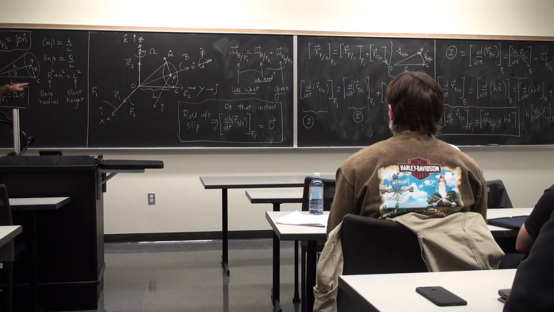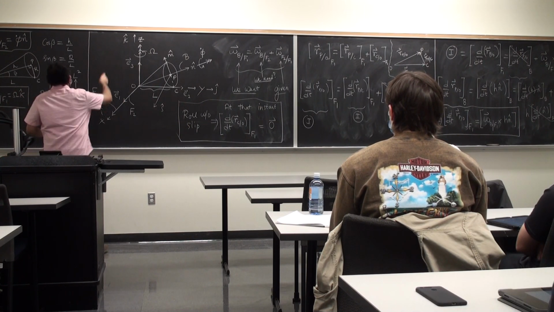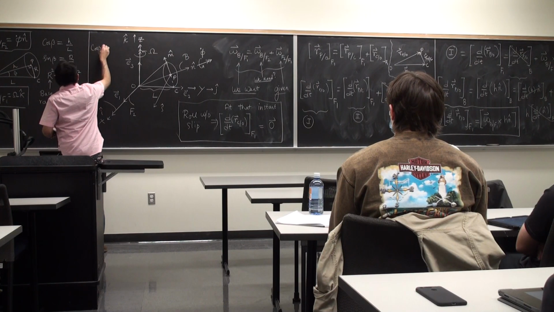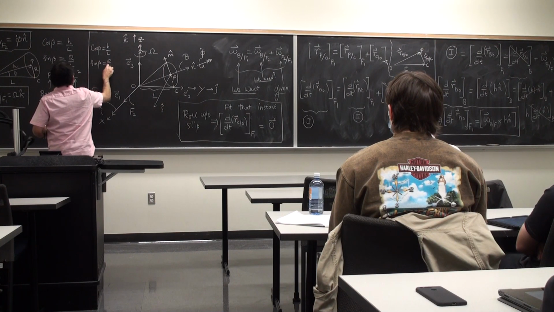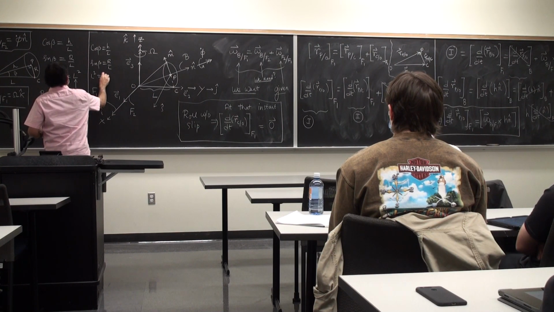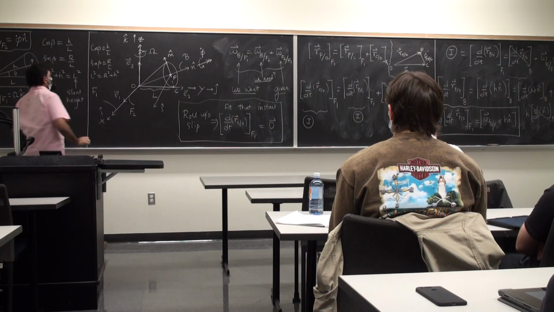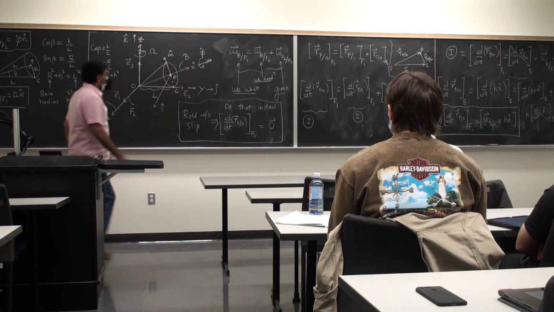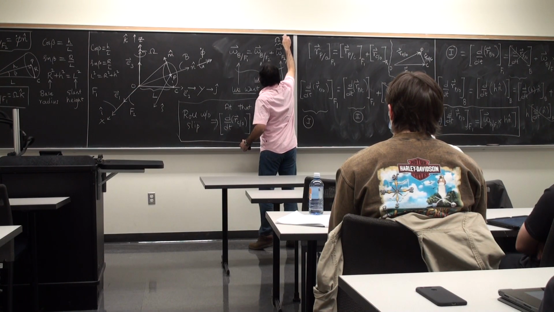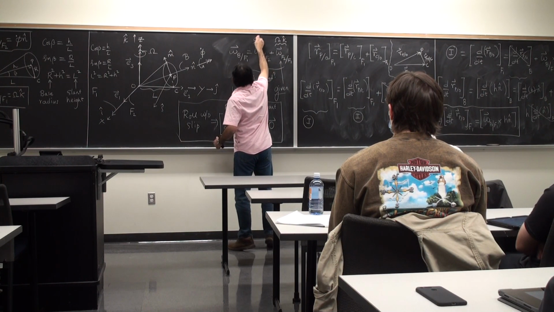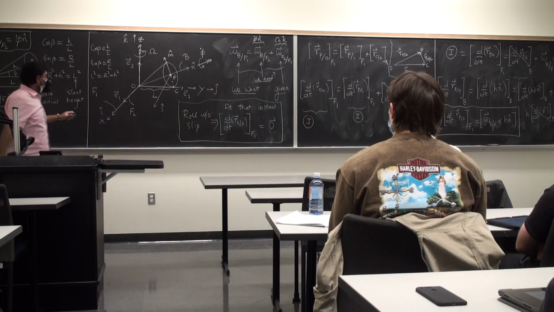Let me copy these results and write them down here. So then beta is h by L, L squared is r squared plus h squared, and I have these two things as well. So this is omega a hat, phi dot n hat. I'm just copying whatever I have on this. Okay.